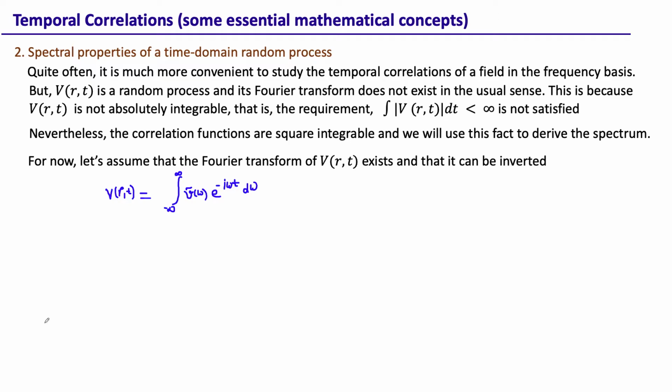Oh, actually this should be, since we are taking r as well, V tilde (r, omega). We are just keeping r because this real signal has both space and time, but what we are doing in this temporal second order coherence theory is mostly concentrating on the time.